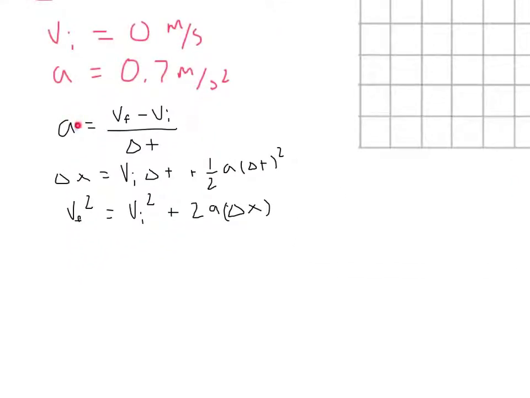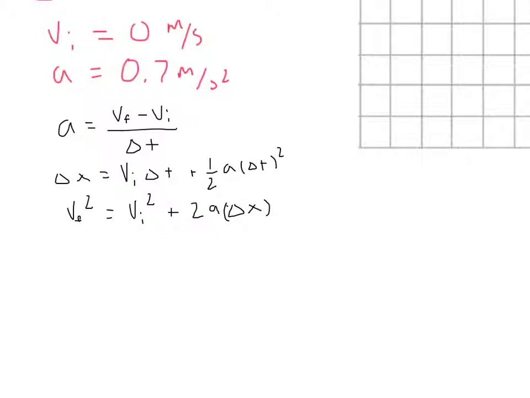So here are the 3 equations that we have for kinematics. These 2 we derived in class, this one from the slope of an acceleration-time graph, and this one from the slope of a velocity-time graph, and this being the one that I gave you today on the quiz.